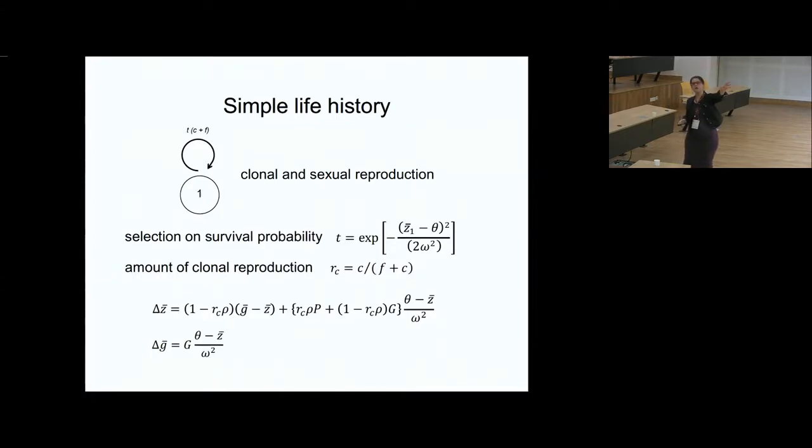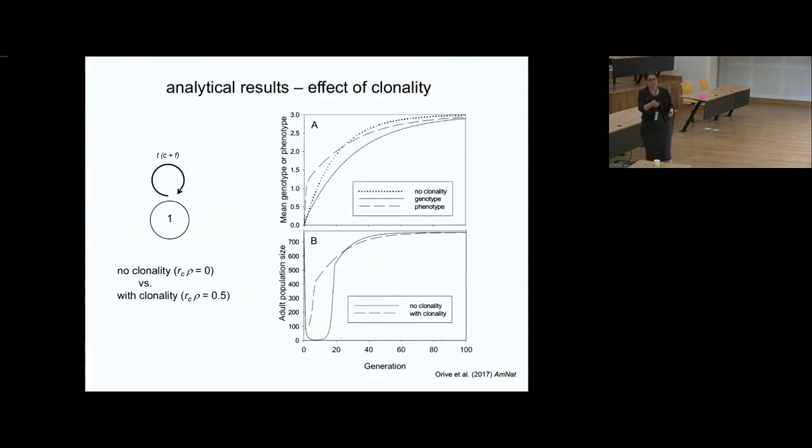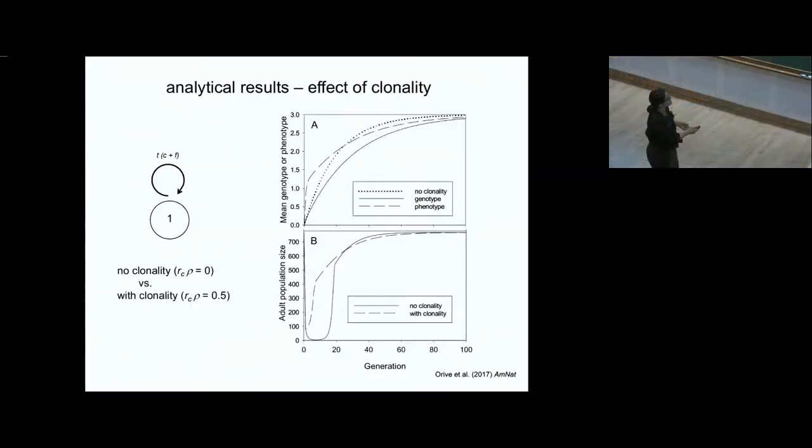Okay, so to look at this, I thought one way to do it is to just numerically iterate these equations. So I have a little toy example. We're going to make a simple comparison between a case where R sub C times rho is 0, no clonality, and a case where it has an intermediate value of 0.5.